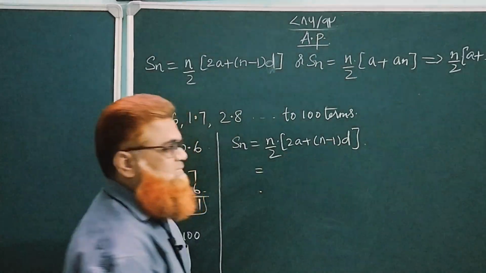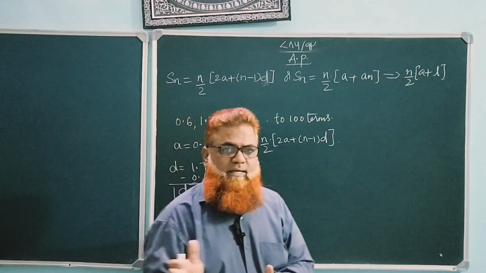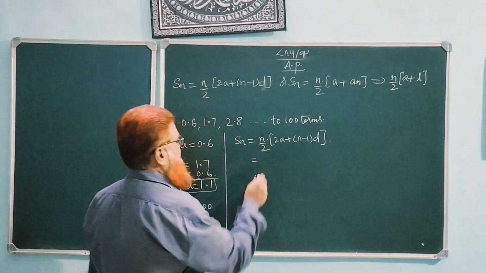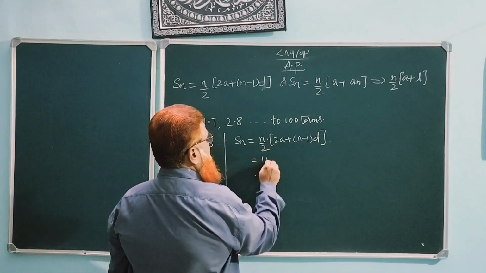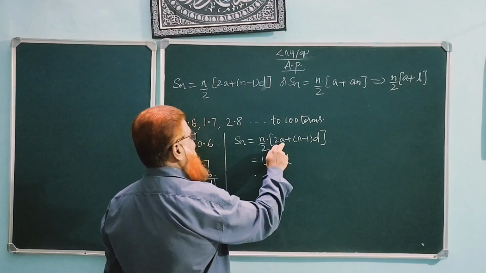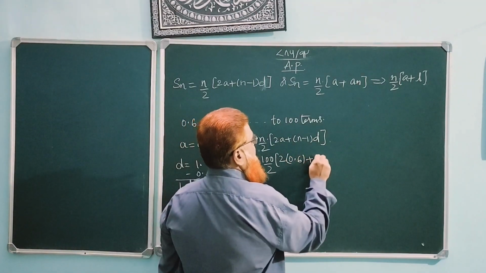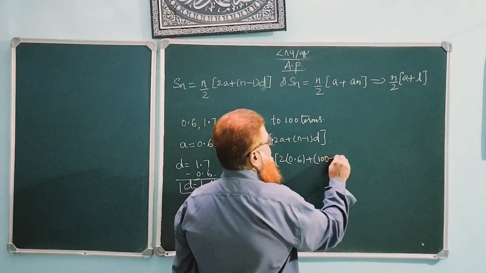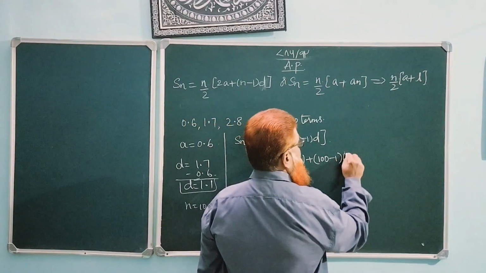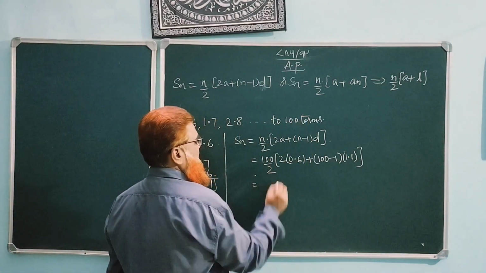Substitute once again, as I said in the previous sum: put in what is given one by one according to the formula. n is 100 divided by 2, into 2 times a, where a is 0.6, plus n minus 1, that is 100 minus 1, multiplied by the difference 1.1. Now close the bracket.